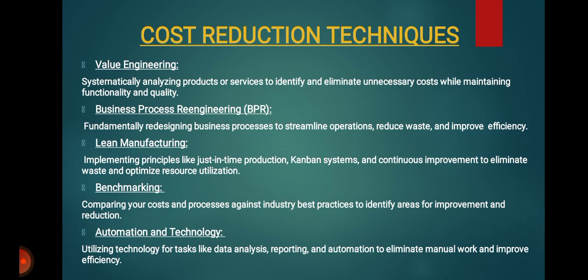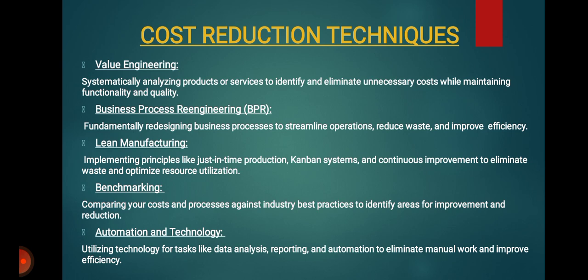Third one is lean manufacturing, that is implementing principles like just in time, JIT production, Kanban systems, and other continuous improvement things to eliminate waste and to optimize and standardize resource utilization. For example, a car factory implements a Kanban system to manage inventory levels, minimizing waste and reducing storage cost. This is basically a simple example for lean manufacturing.